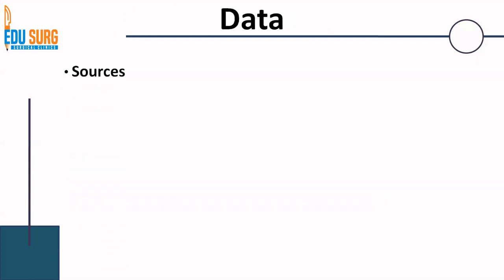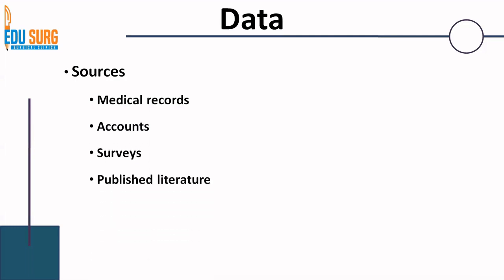Now coming to data, a very brief introduction to data we will see here. Sources of data can be medical records, accounts, surveys, published literature, data banks, and data from experiments. So from all of these sources, you can collect data. Now, there is also a classification of data known as primary data, that is data that you have collected, versus secondary data.